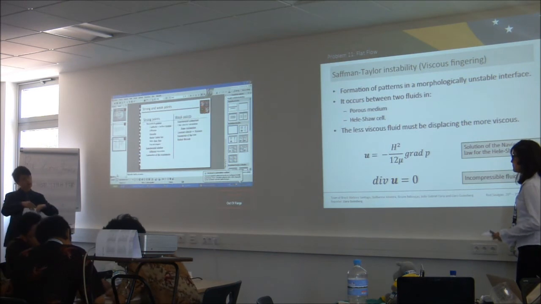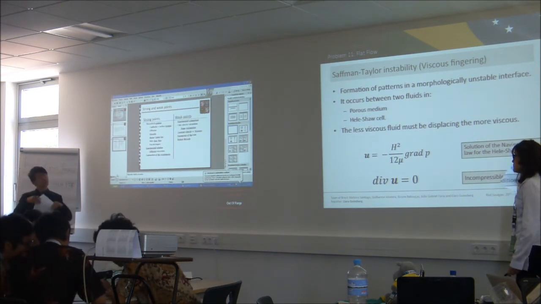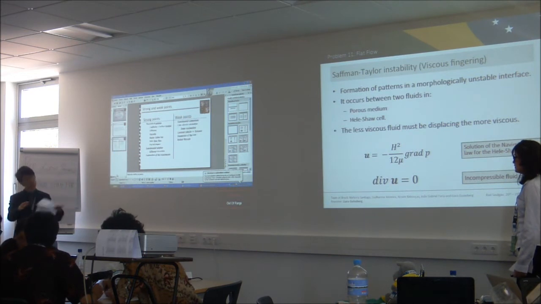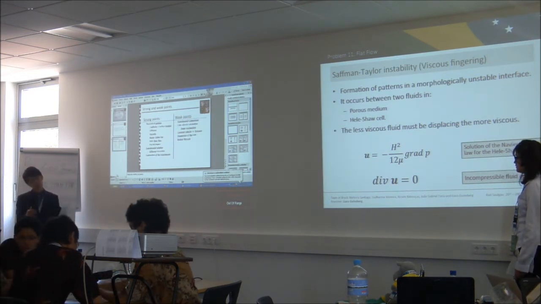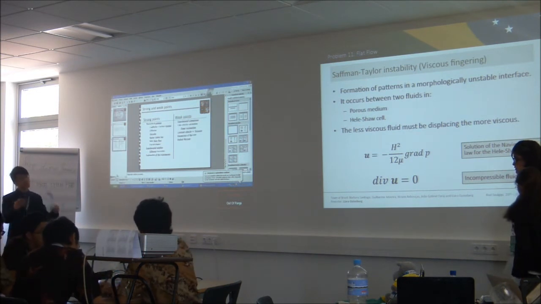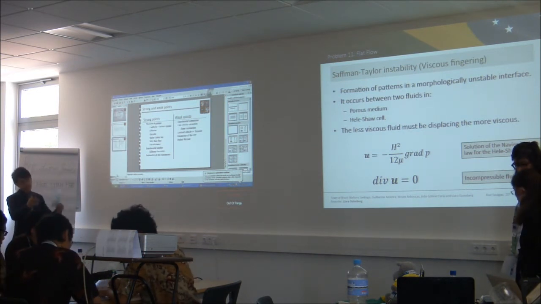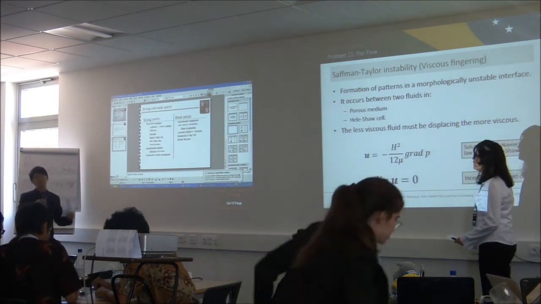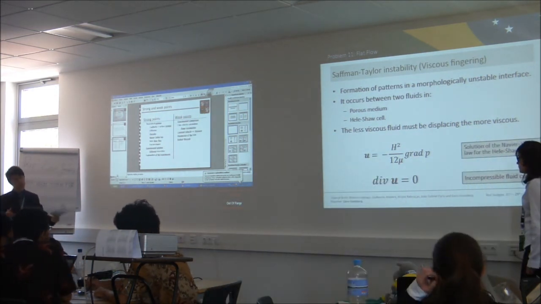Yes, I know that you said that surface tension acts against creating fingers. I understand that. But there must be some critical flow rate to create fingers. Okay, I repeat my question.